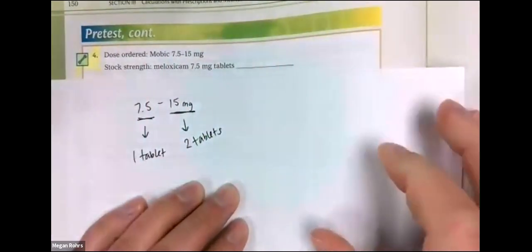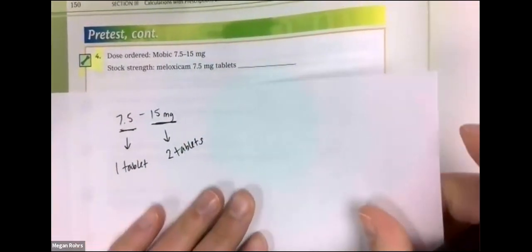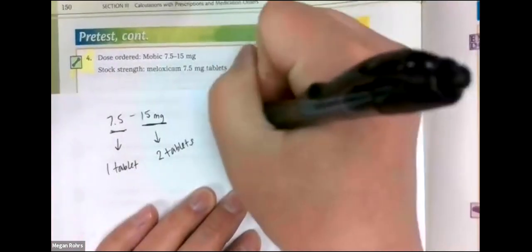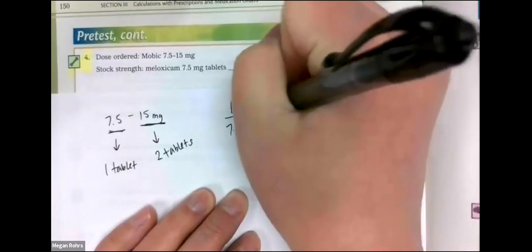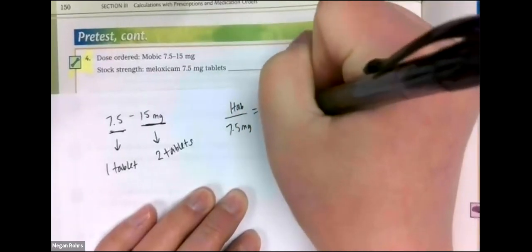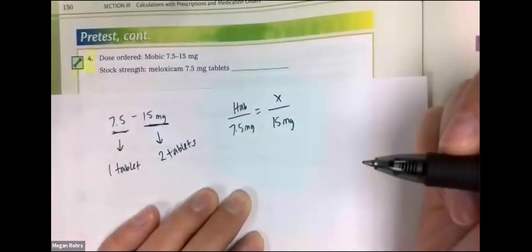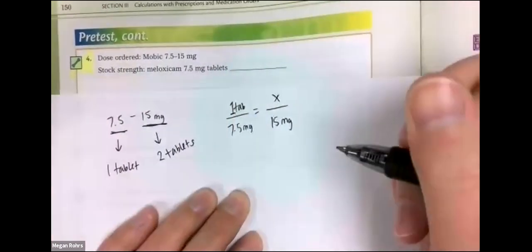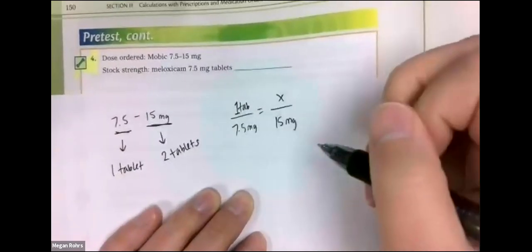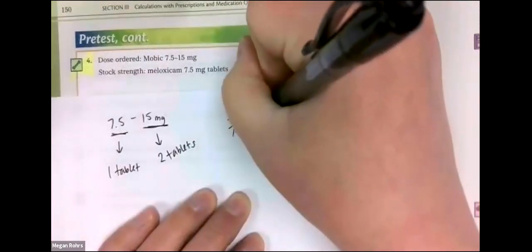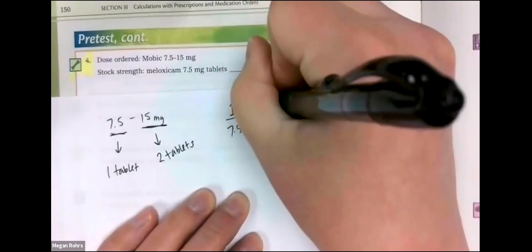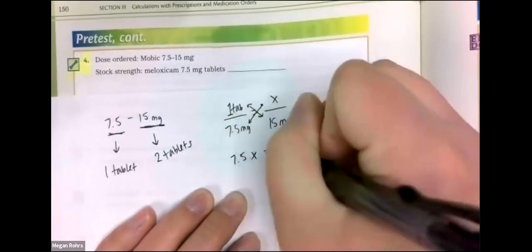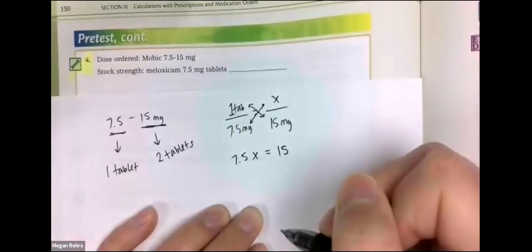Now, if you didn't see that, it's okay, we can still set that up. So we know that 1 tablet is 7.5, set that equal to x over 15. That's a 1, it looks like an H there, so 1 tablet. And then we can solve, so just cross multiply. So 7.5x equals 15.